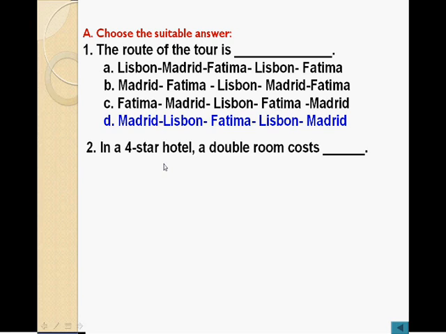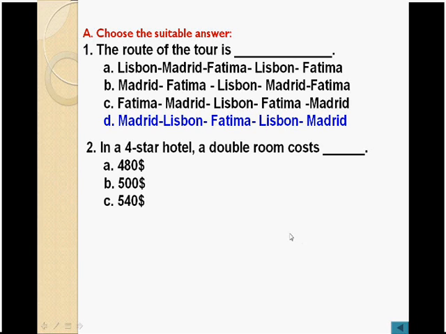Number 2, in a 4-star hotel, a double room costs. So let's look at the keywords in this question. You have 4-star hotel, double room, and of course cost. So I have to go and look for the price. A, $480, B, $500, C, $540, and D, $960.